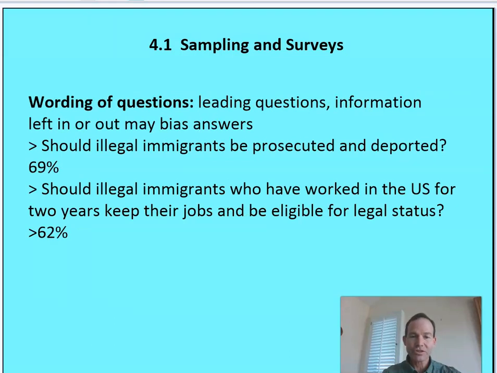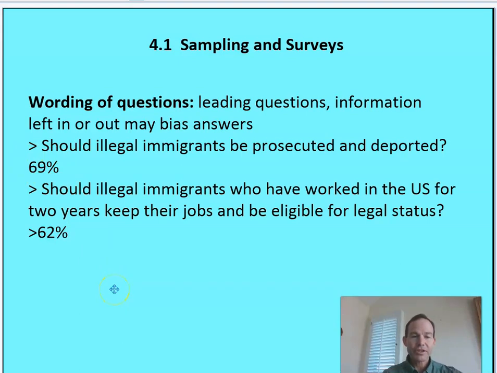Okay, so wording of questions can be leading, so you have to be careful about the way that the questions are worded. Sometimes you need to leave information out because information might bias the person who's taking the survey. If I were to word the question, should illegal immigrants be prosecuted and deported, 69% of the people who were sampled said yes.